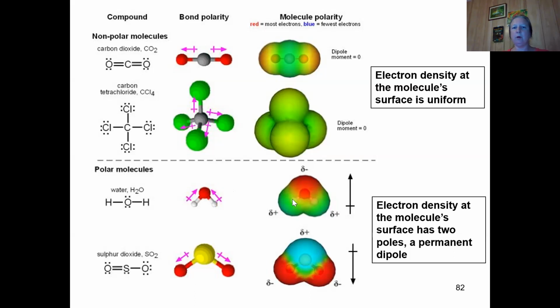Therefore, you get a higher electron density over the oxygen, and we give that the negative dipole moment, and less electron density around the hydrogens. Again, this is a real image of water. This is bond polarity. Each bond you can draw the polarity of.